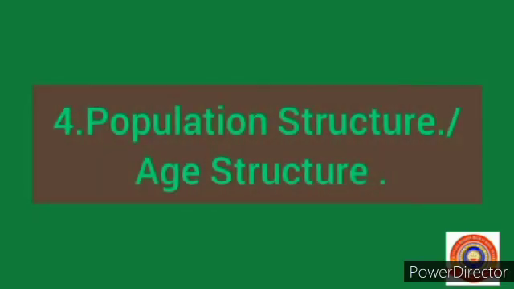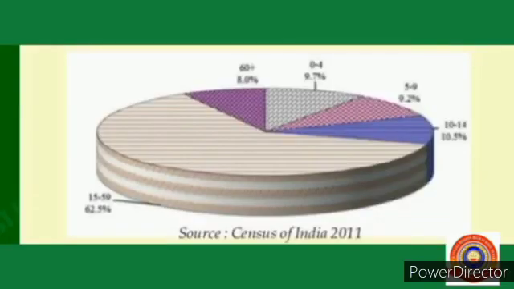Last one, population structure or age structure. Age structure is the classification of population into different age groups and presenting the ratio of each group in the population. For example, classification is done in the age groups like 0 to 14 years, 15 to 59 years, and 60 and above years.